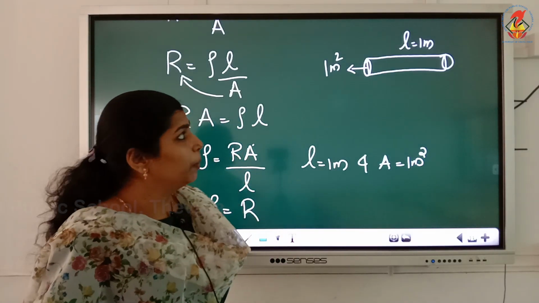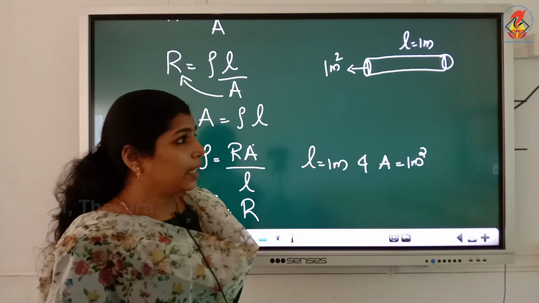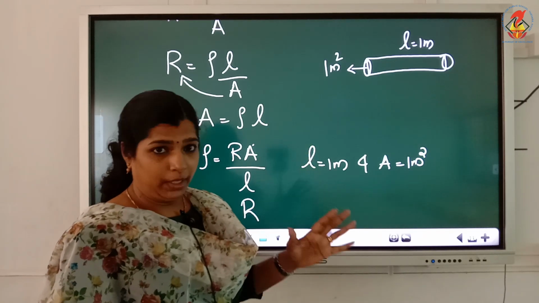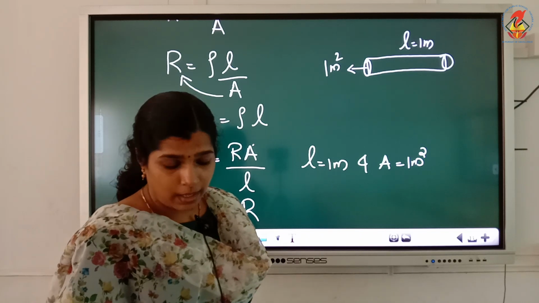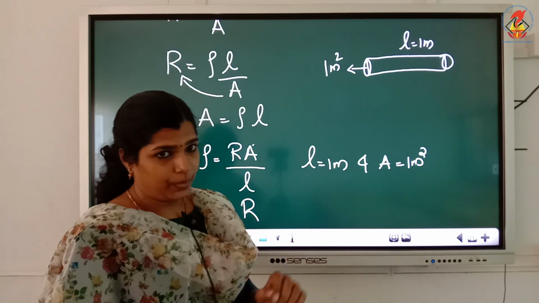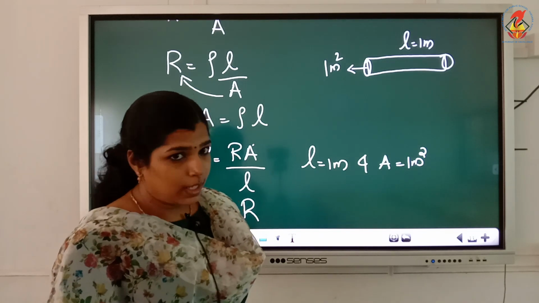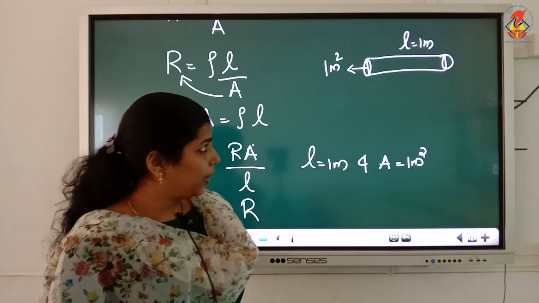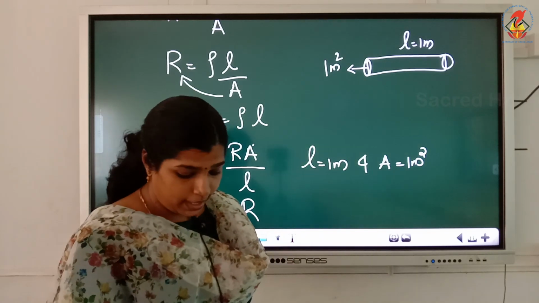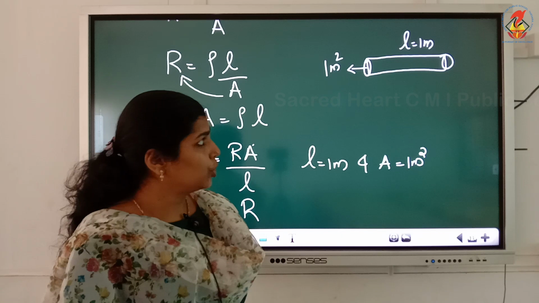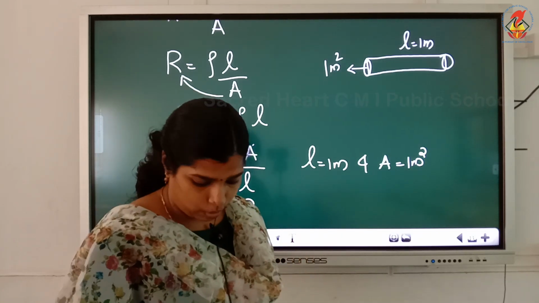Resistivity of the material is the resistance offered by 1 meter length of a wire of the material having an area of cross section 1 meter square.